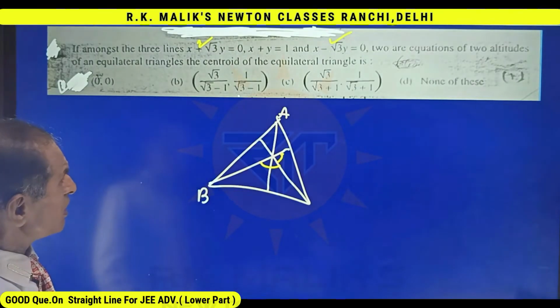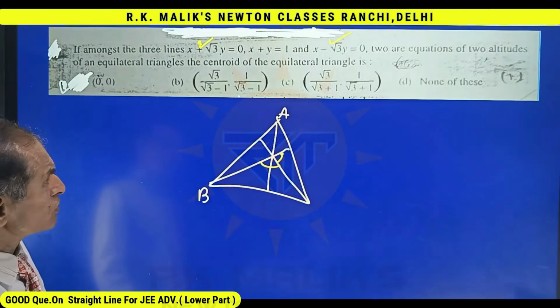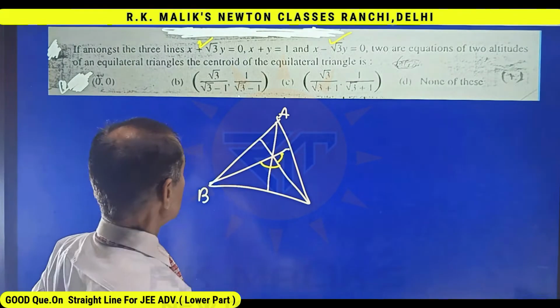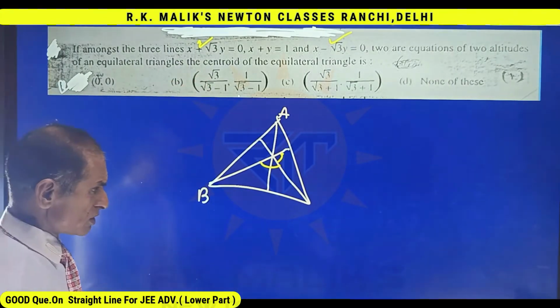Otherwise, directly also we can see very easily that slope of this is −1/√3, and the line is clearly passing through the origin.